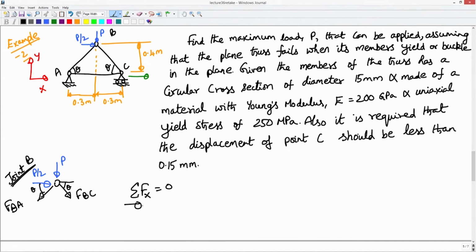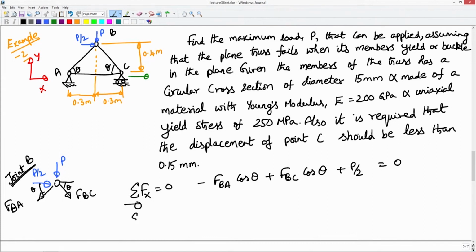So, it will be minus F BA into cos theta plus F BC into cos theta plus P by 2 must be equal to 0. This is the horizontal force equilibrium statement.